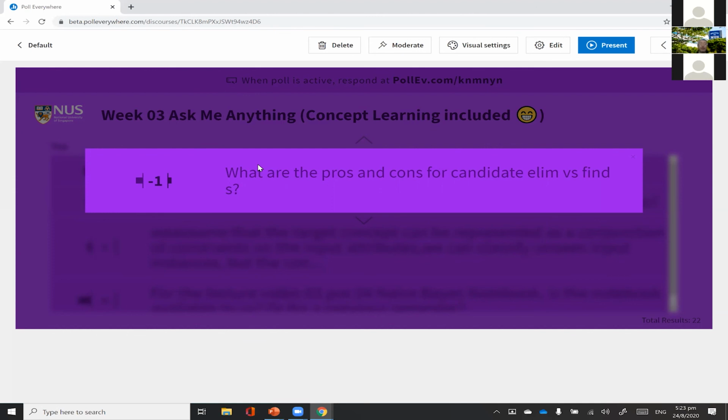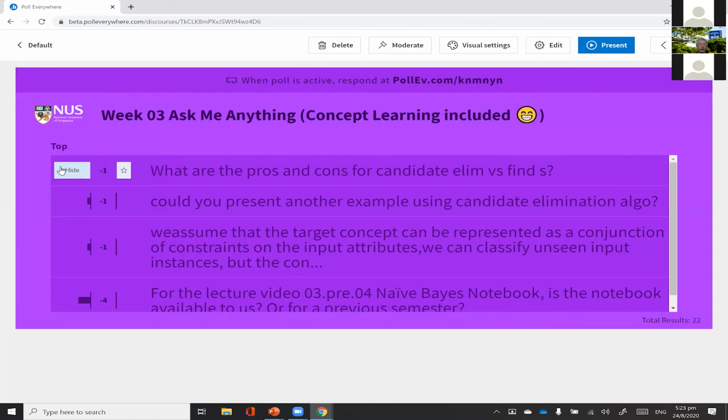That means there's something wrong with your data. Something's not working, okay? And in certain cases in Find-S, we actually don't know that. I think we saw on the slides, we don't know whether the data is noisy with Find-S, okay? So there are all of these pros and cons. So actually, even though this was voted down, this is not a bad question, okay? So hopefully that one is done.